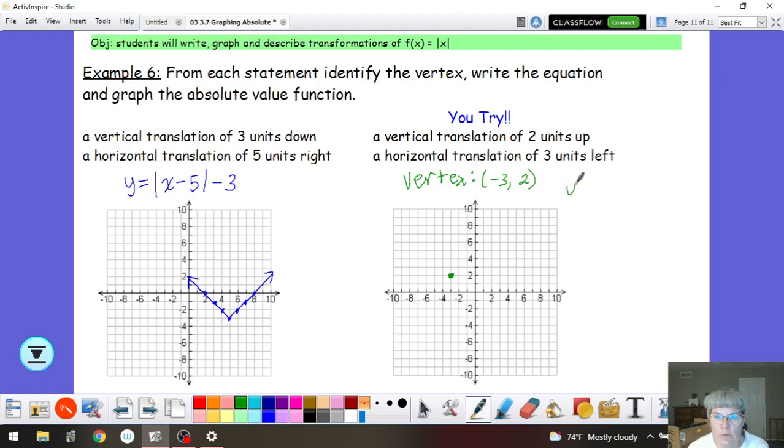Our equation is going to be y equals absolute value of x plus 3, plus 2. We can finish our graph by plotting the points to create the V and draw the rays through those points. And this is how you graph absolute value functions, but also how we write absolute value functions.